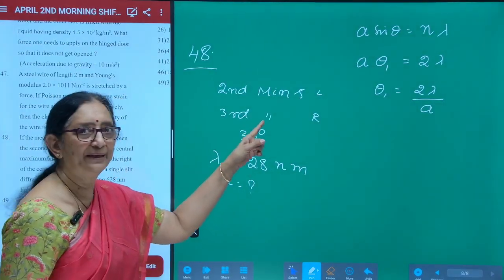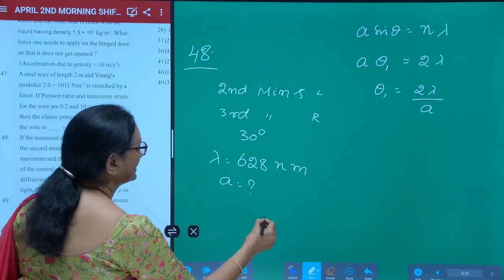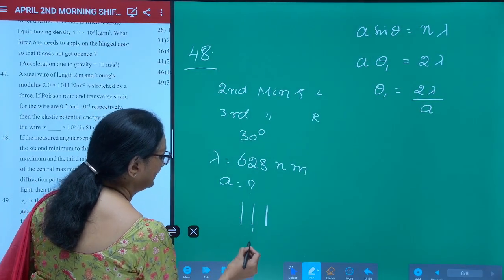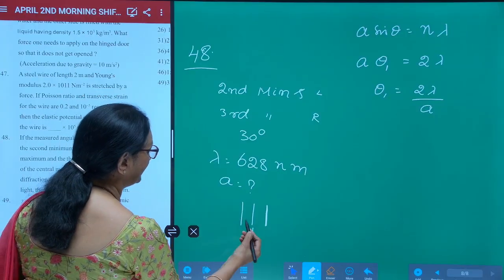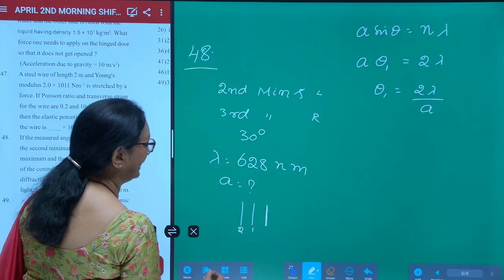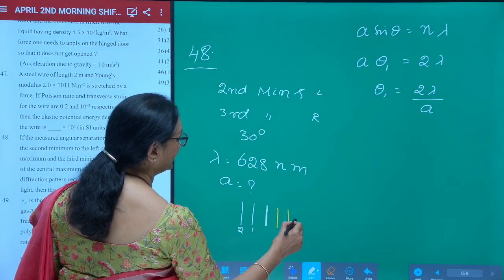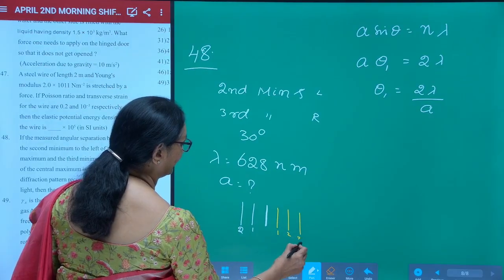Similarly, third minimum on the right. Suppose this is the central one, this is first minimum to the left, second minimum to the left, this is the first minimum to the right, second minimum to the right, third minimum to the right.